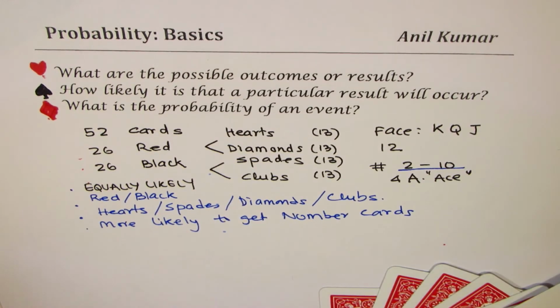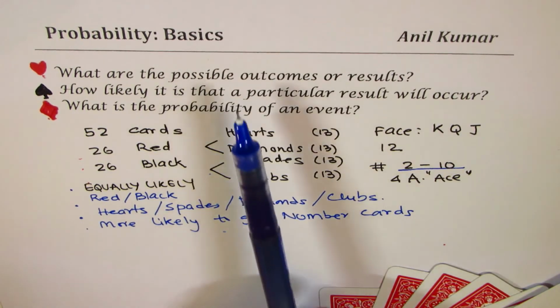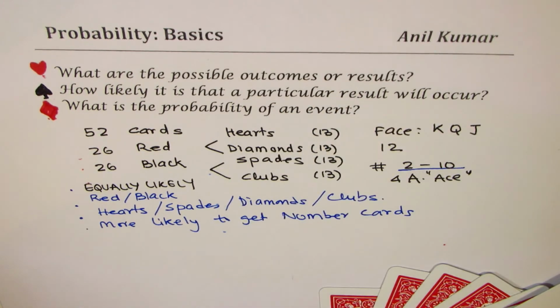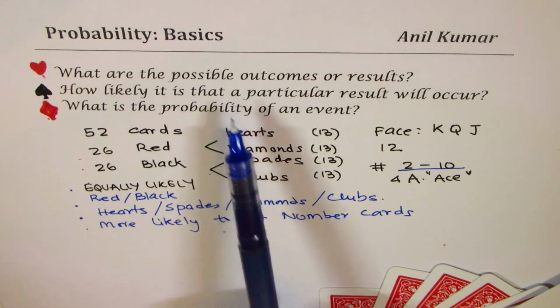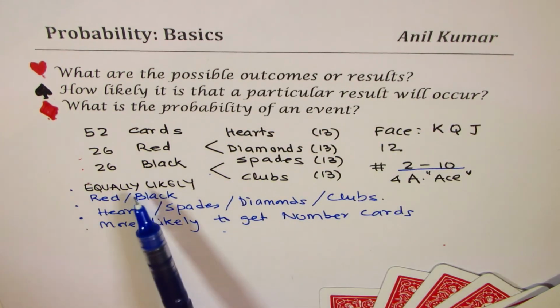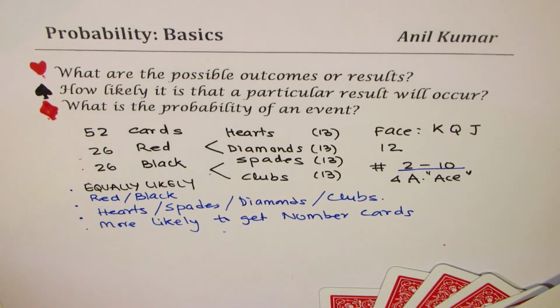You get an idea. So in the game of cards, we could have many types of outcomes. Now the question is, how likely it is that a particular result will occur, which we also saw here. If your result is to get black card, then the likelihood is 50-50, or it is equally likely, right?